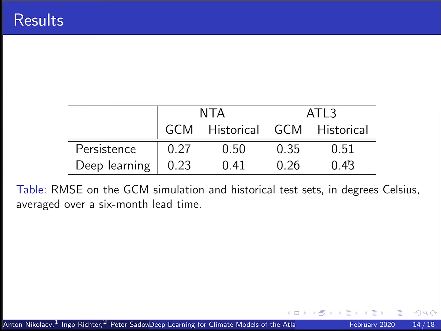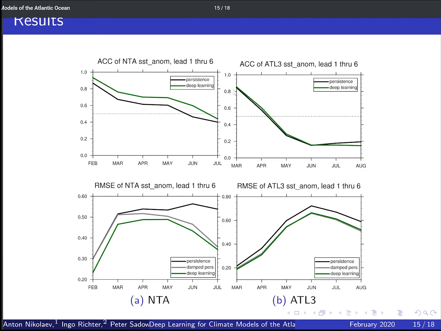So it is doing better both on the climate model data and on historical data. But when we compare it to damped persistence in those 2 graphs, we can see that in one of the regions, it still does better on every single month, and in one, it does basically as well.